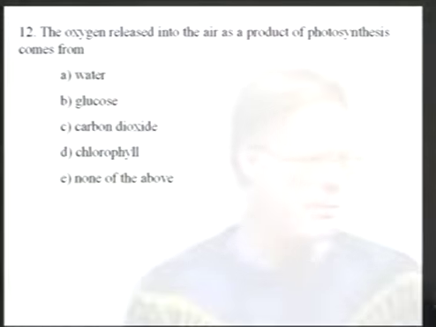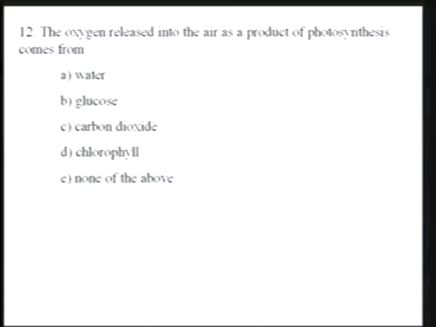All right, number 12. Where does the oxygen released into the air come from? Again, if the answer doesn't immediately come to you, close your eyes, try to visualize that diagram I did of photosynthesis.